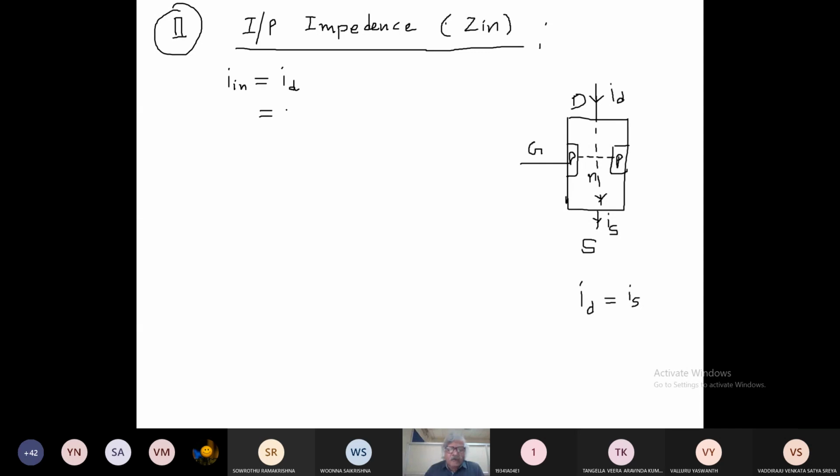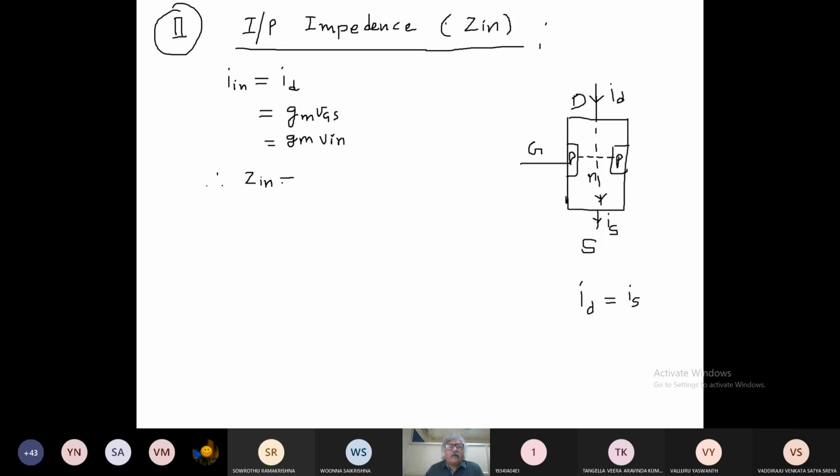We know that we represent ID by GM VGS, or you can call it GM V in, right?